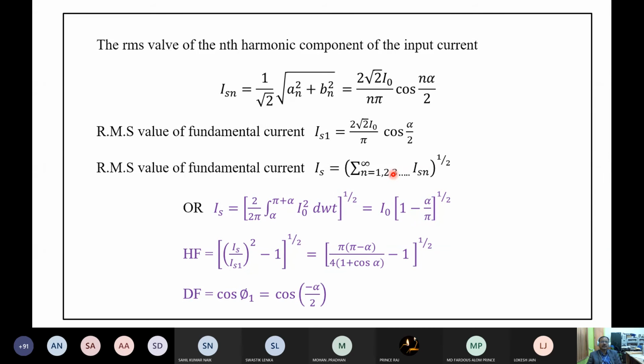Okay, so if you got IS1 and IS, you'll get the harmonic factor. Displacement factor is cos phi 1, that is here cos of alpha by 2.